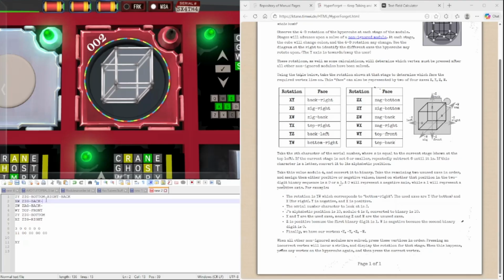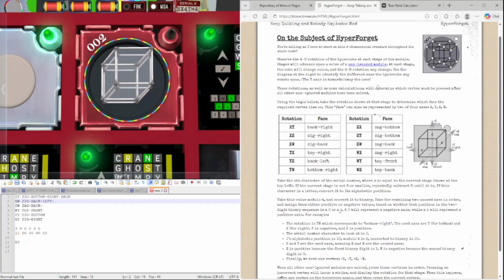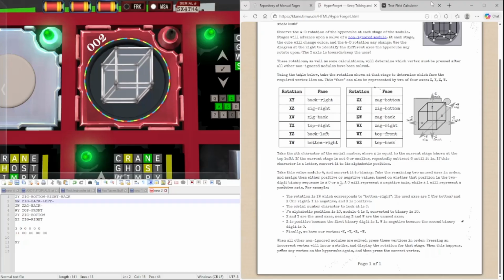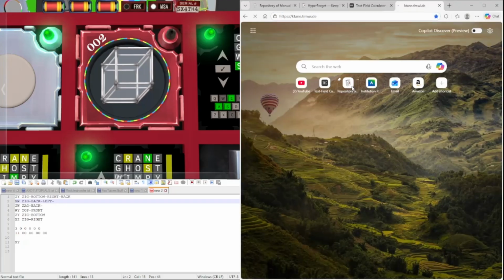So negative x is left, negative y, I actually can't remember what. What's considered positive in this situation?